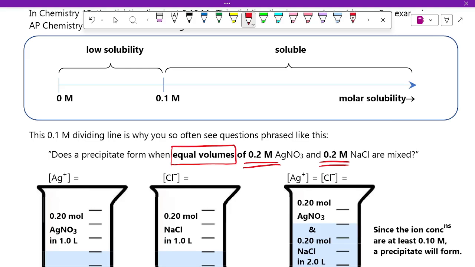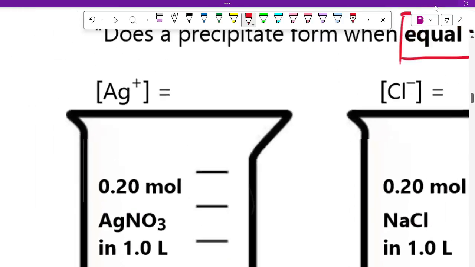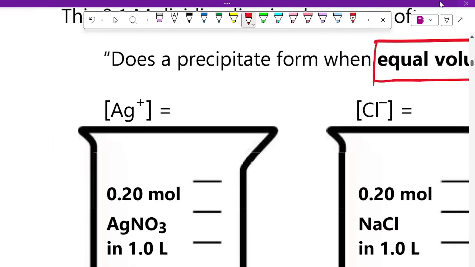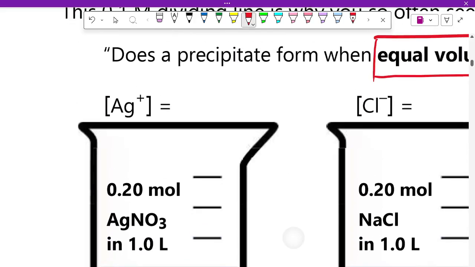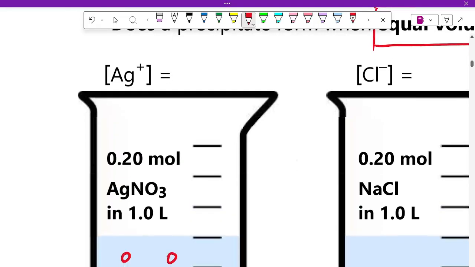Okay? So here, our concentration of silver, we have 0.2 moles of AgNO3 in 1 liter. So I'm going to actually draw that as 2 little circles. Okay? There, it's dissolved. So the concentration of Ag is, actually, no, I'm not going to do that.